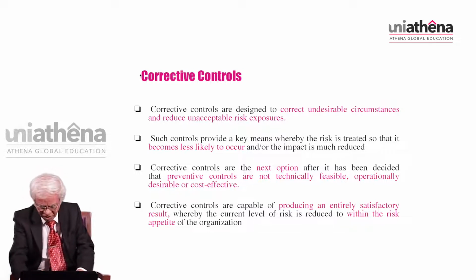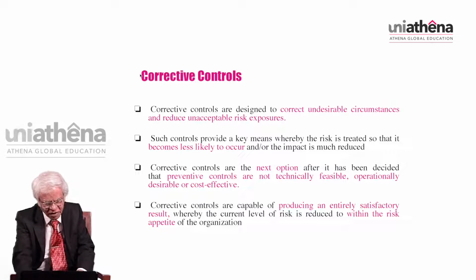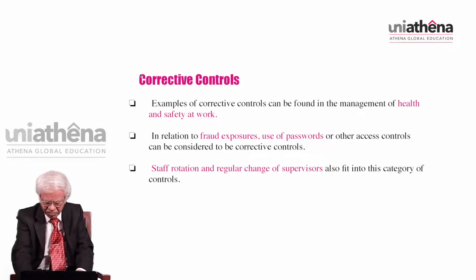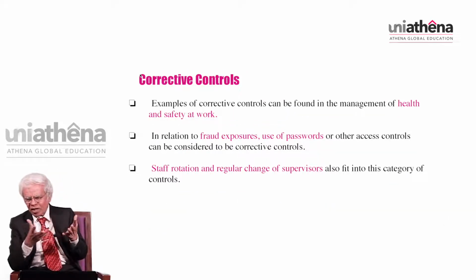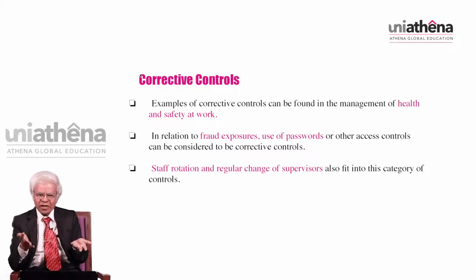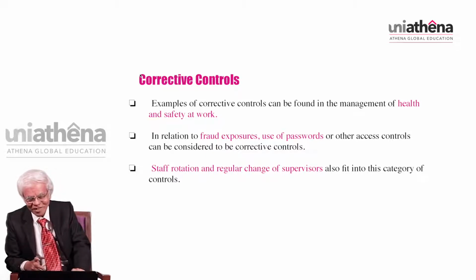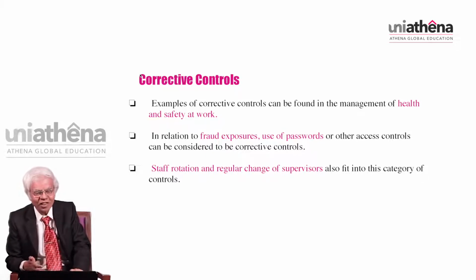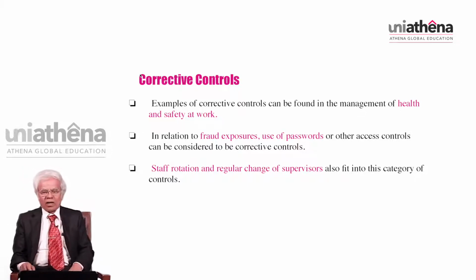These are some of the drawbacks in preventive controls, but because you could not undertake that preventive control, it has already happened. Ultimately, you have to correct it, whether the cost is more or otherwise. The concern is health and safety at work, particularly for manufacturing companies.